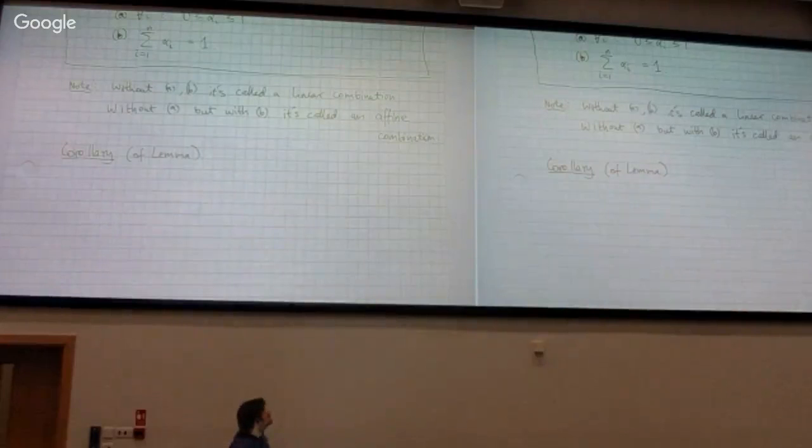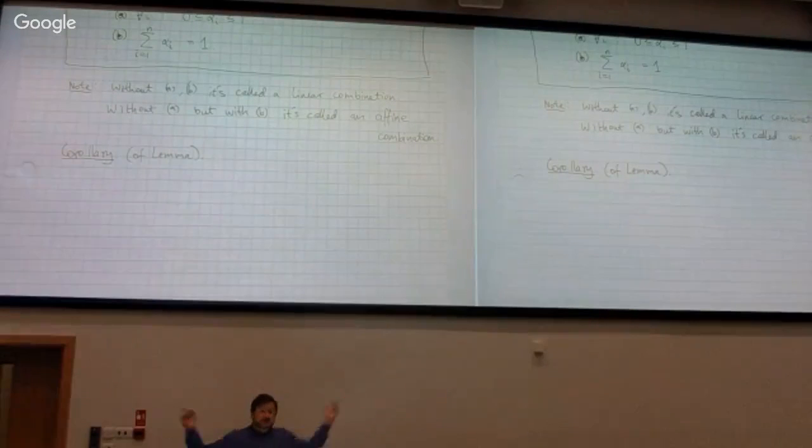Do you know what a corollary is? I told you half a year ago or so. It's like a theorem, but it's an easy theorem which immediately follows from something you know already, like from the lemma.